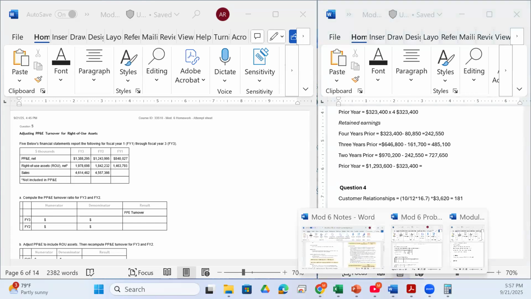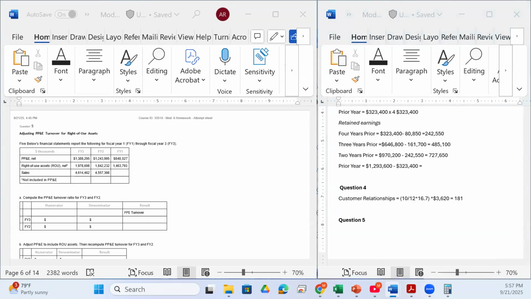The PP&E turnover ratio is your sales divided by average PPE net.